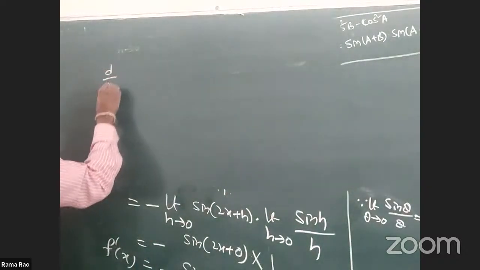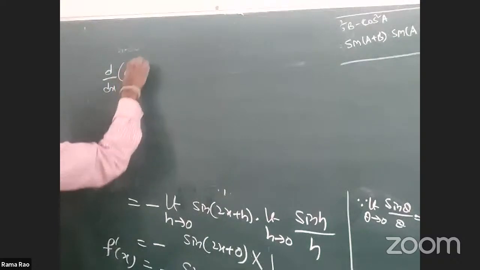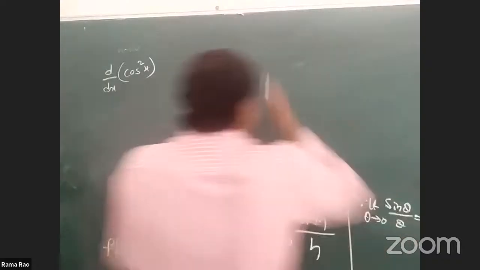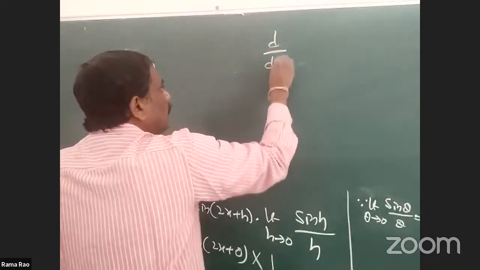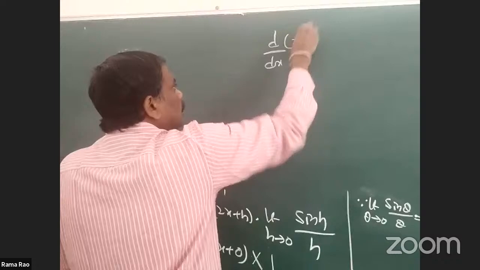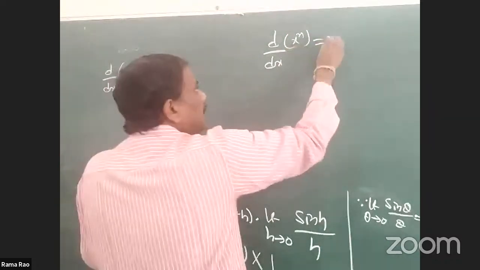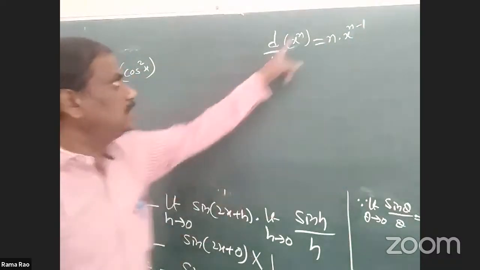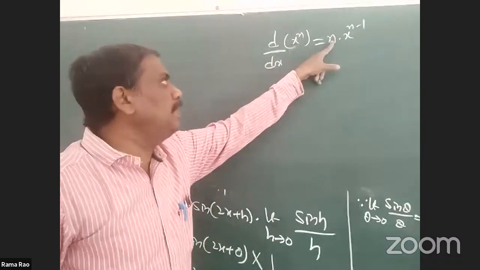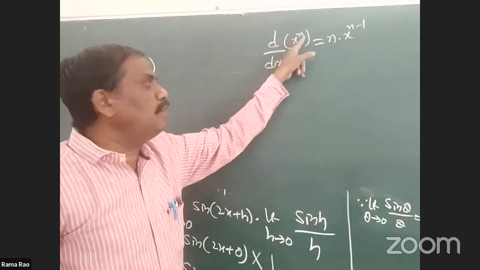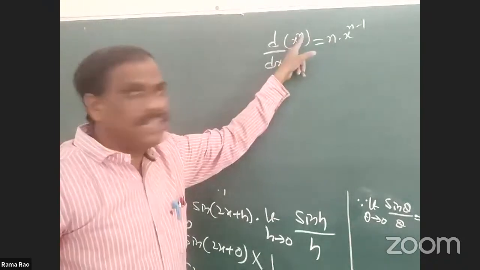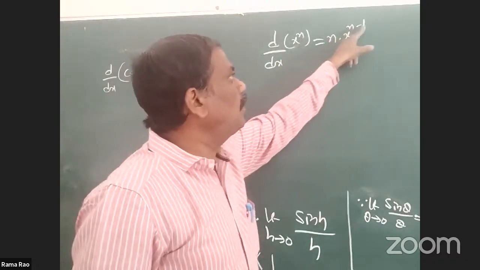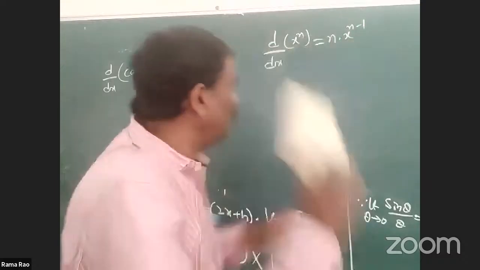Now it can be written as d by dx of cos square x. We know the form d by dx of x to the power of n. Yesterday we did this: it equals n into x to the power of n minus 1. The exponent becomes the coefficient, and the power decreases by 1.